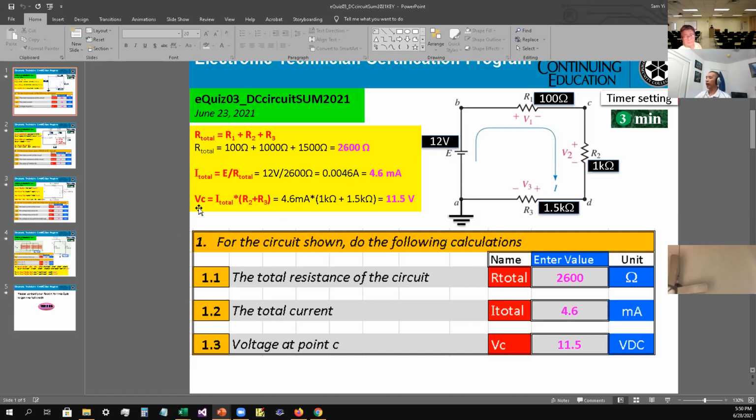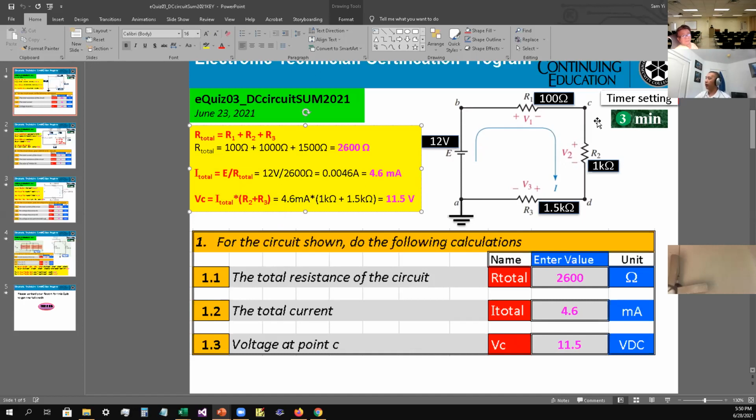Okay, the next thing you want to do is solve for the voltage at point VC. VC is the same thing as, like we said, Ohm's law. It's going to be current times the resistance. We only have one current available, which is the total current.